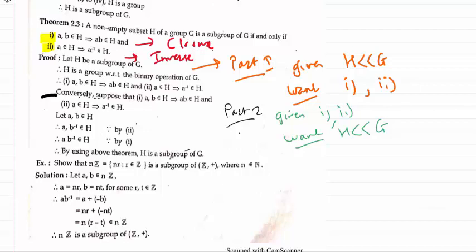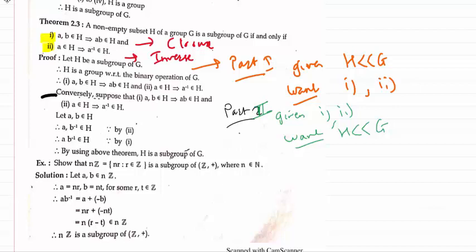So let us discuss part 1. We are given that H is a subgroup of G. So H is a group with respect to the binary operation already used in G. By default we assume the binary operation is multiplication.